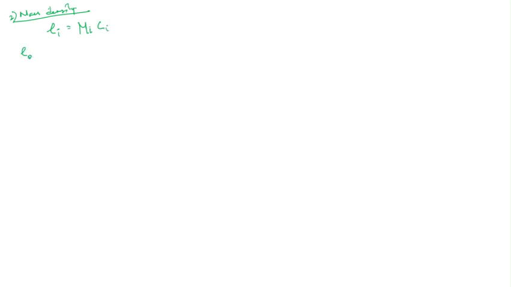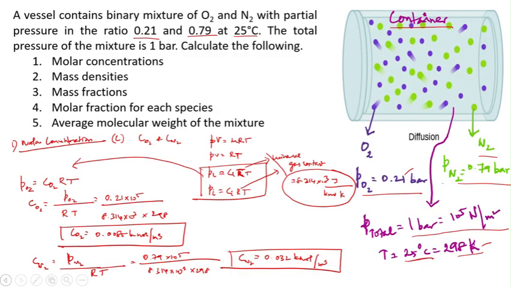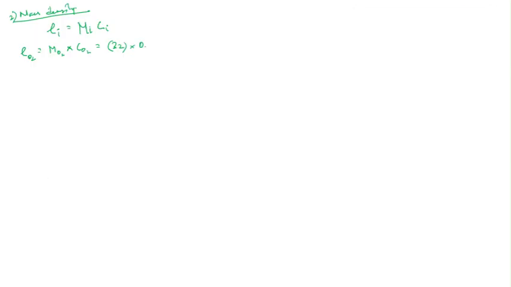So rho of O2 is equal to the molecular weight of O2 times C of O2. You know the molecular weight of O2 is 32, times C of O2, which we already found to be 0.0085. Finally, we get rho of O2 equal to 0.272 kilogram per meter cube.